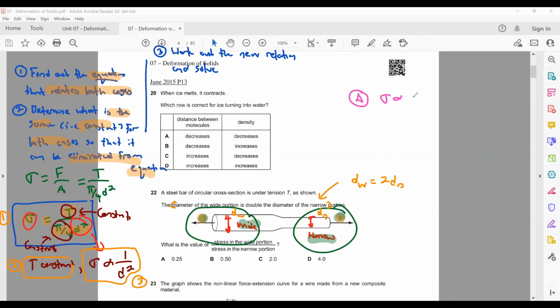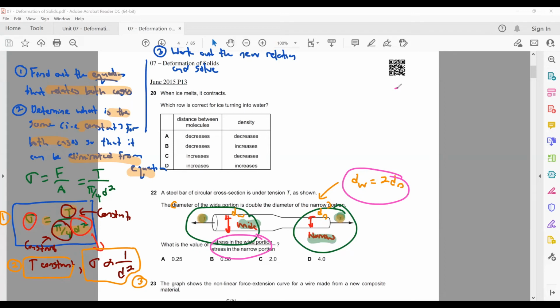If stress is inversely proportional to d squared, now you see dw over d1. Okay, this one no need, I think. Oh, because they want the ratio of stress. Sorry, this one no need. Forget what I said. I'll show it to you later. Okay, now this one, they want the stress in the wide portion to stress in the narrow portion.